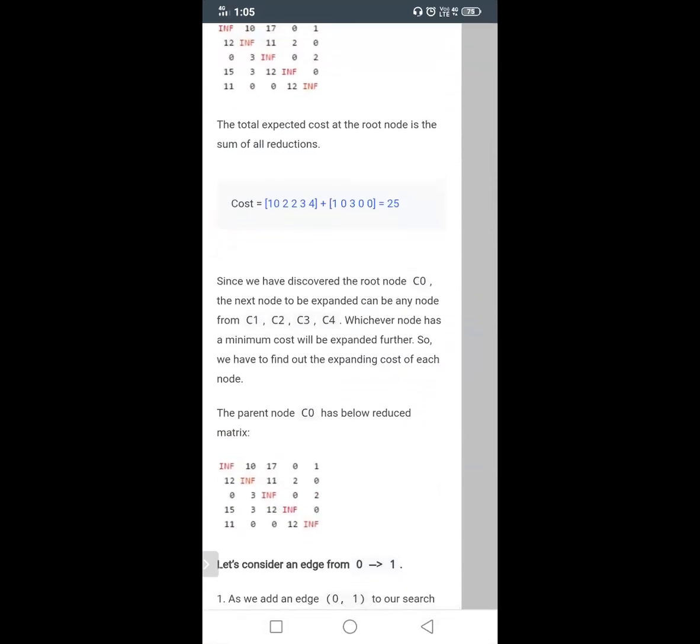Cost equal to, we have to find the sum of the minimum cost in all rows plus the sum of the minimum cost of all columns. We get the value is 24.